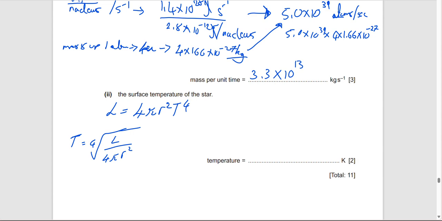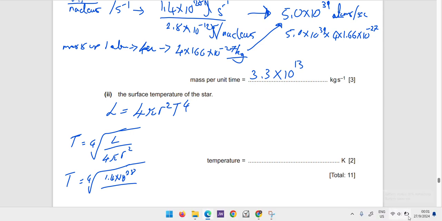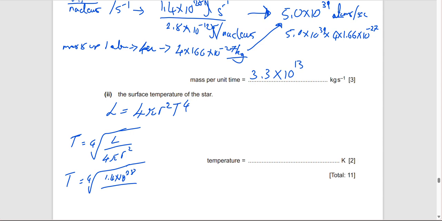Then we substitute in the values: T⁴ = 1.4 × 10^28 all over 4π multiplied by the radius, which is 2.3 × 10^9, squared.